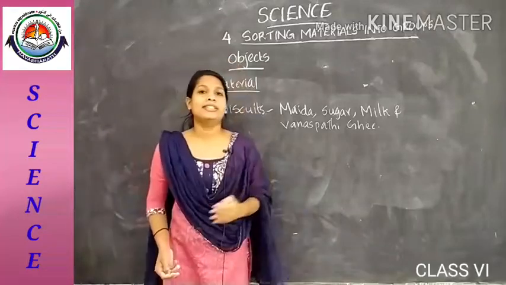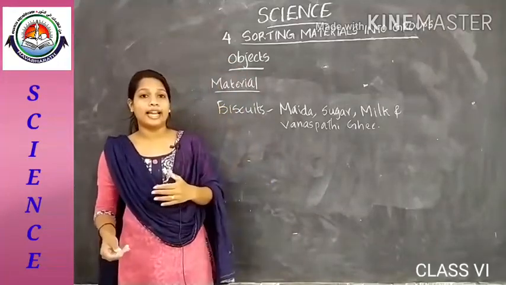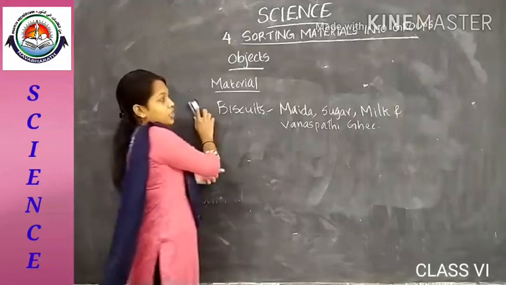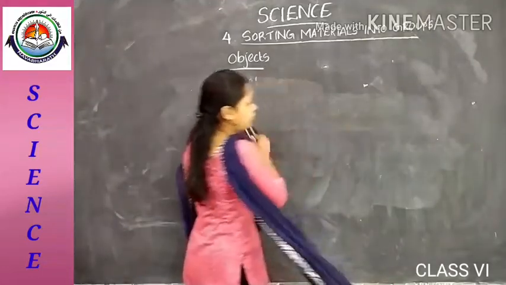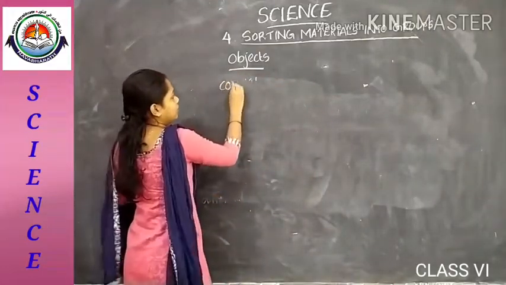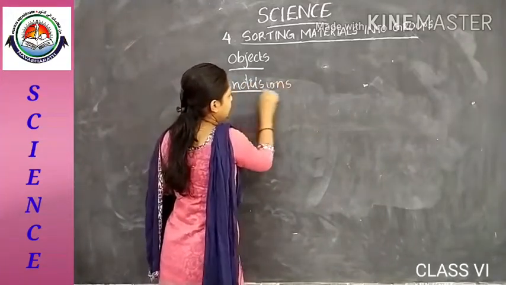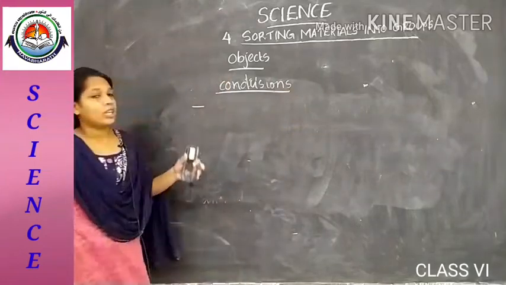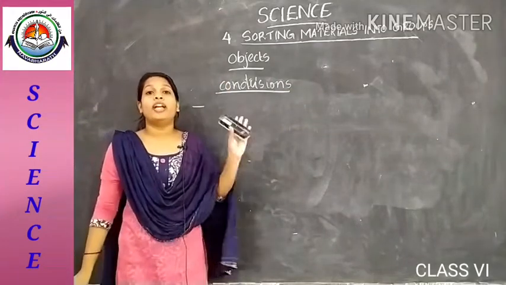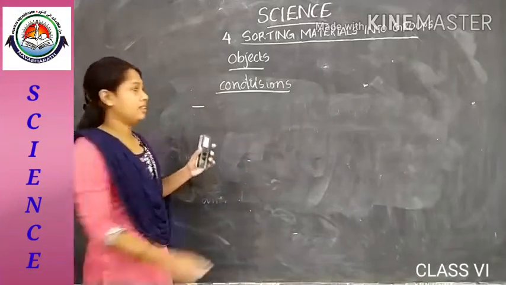So from all these we can write the conclusions here. Okay. From all this, the conclusions are: an object is made up of different types of material.